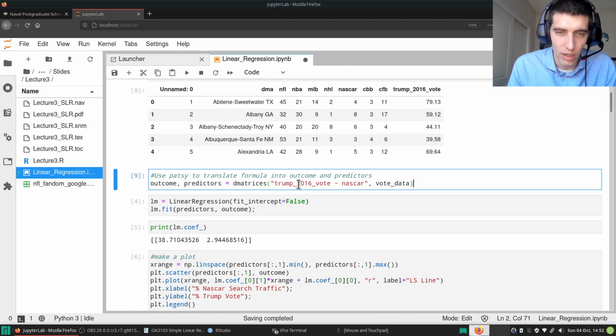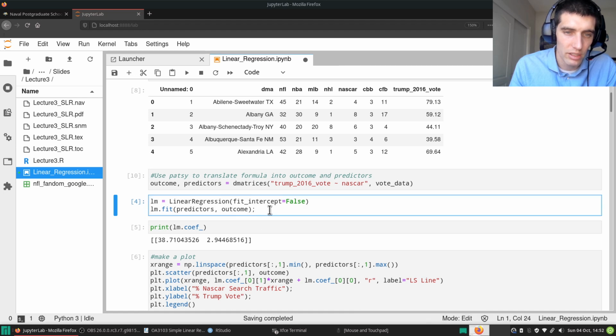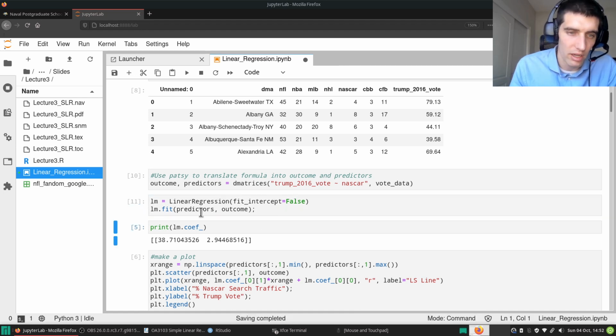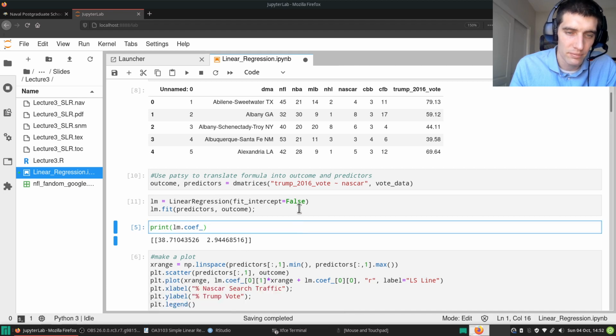This is some Patsy stuff where I'm parsing y as a function of x using data equals vote data. This allows me to build predictors and an outcome. And then I'm going to fit the linear model. I'm going to declare lm as a linear regression and fit a model using these predictors and this outcome.